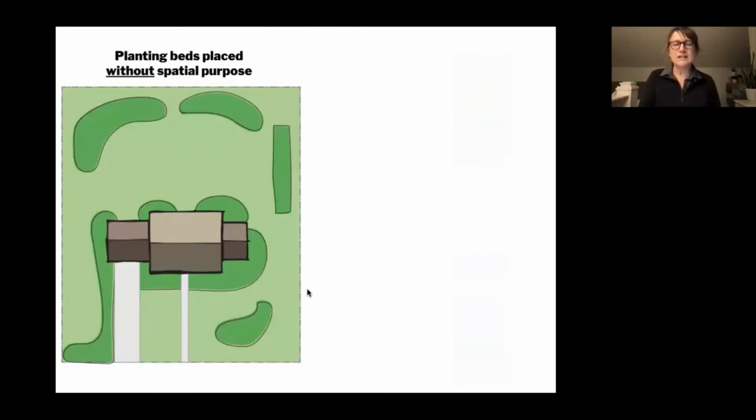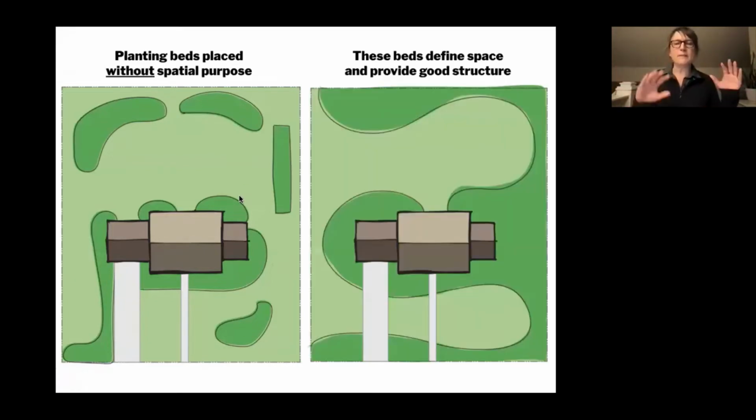So here's some more examples of that. I don't think I showed this one last week, but oftentimes we just put our planting beds here and there. This is a plan view, looking down on top of the roof of a house. What I'd love for you to do is think about how they work as units. How do planting beds lay out so they're creating these spaces?